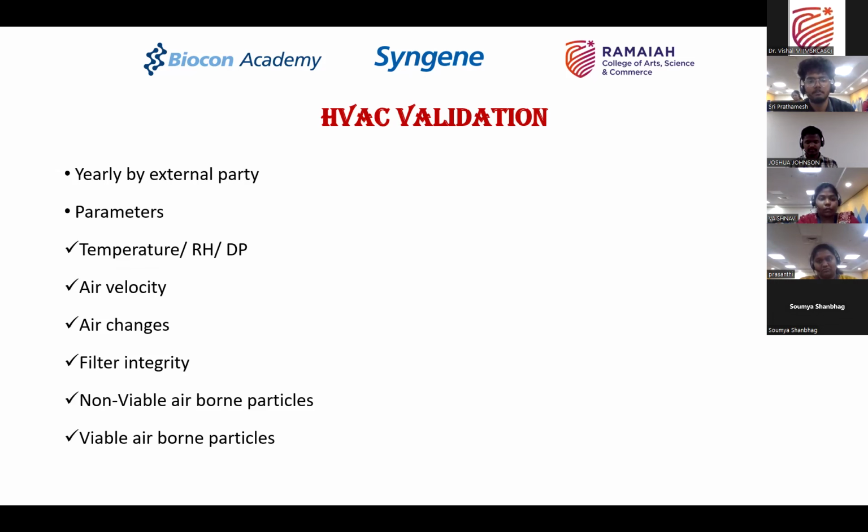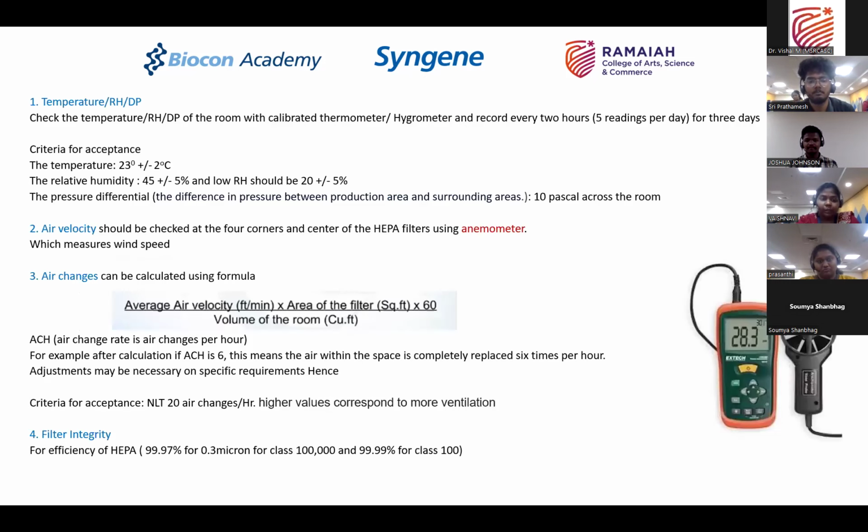Yes, ma'am. Okay. Now, when the validation happens, there are different criteria. We are just taking a brief overview of those criteria. Those criteria include temperature of the different areas of the manufacturing unit, relative humidity, and differential pressure.